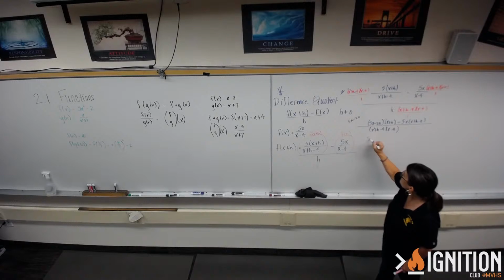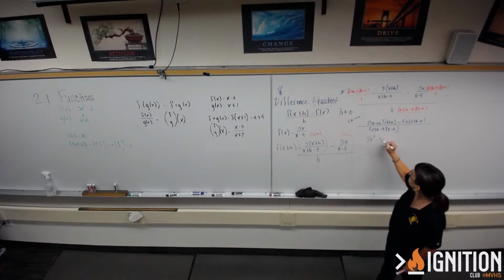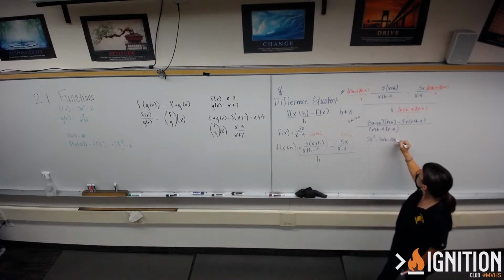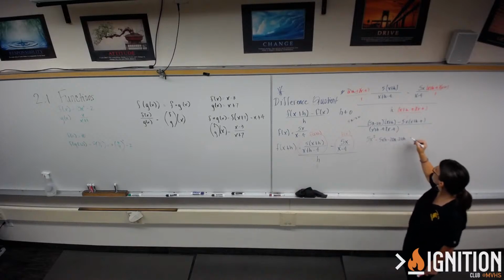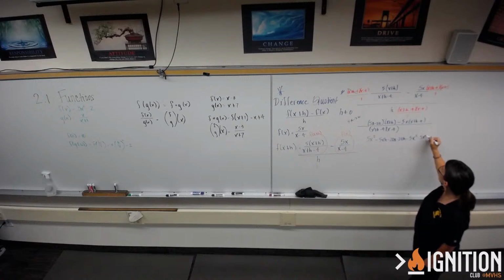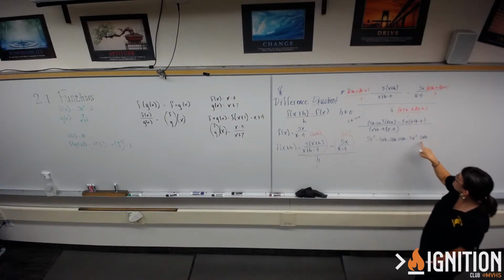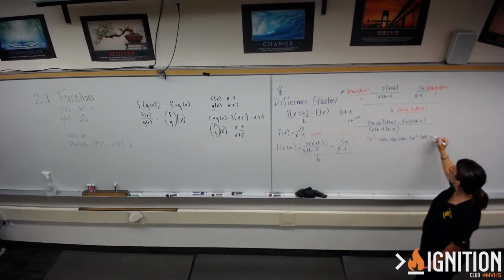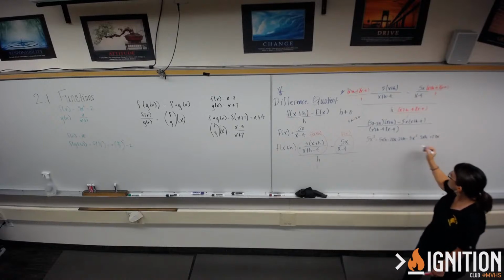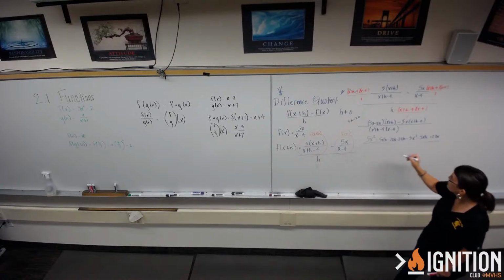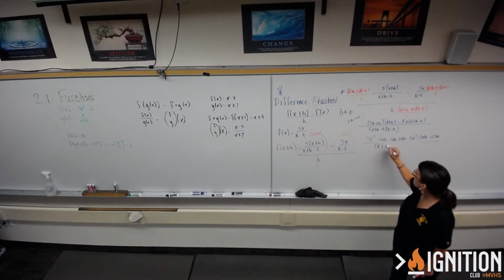You can pause the video. 5x times x is 5x squared. 5x times h is 5xh. Negative 5x times negative 4 is positive 20x. All over, not going to multiply out the denominator.